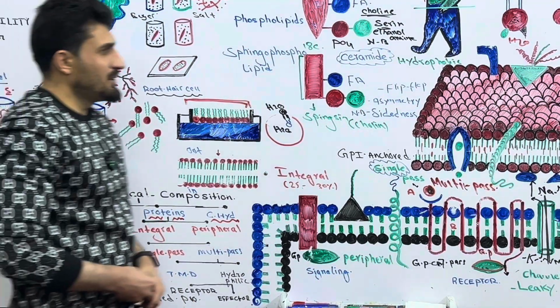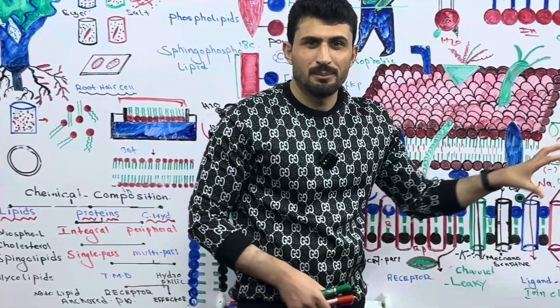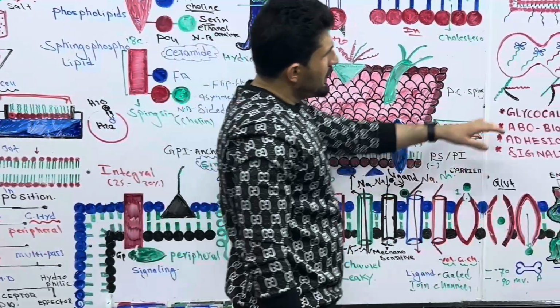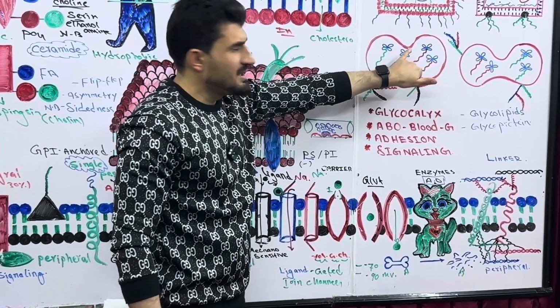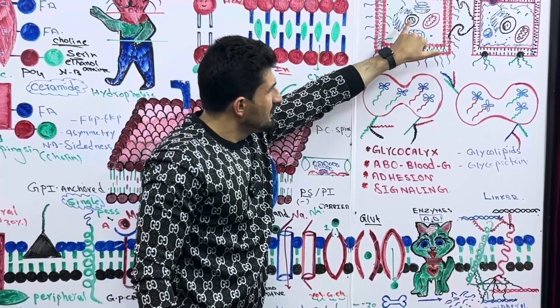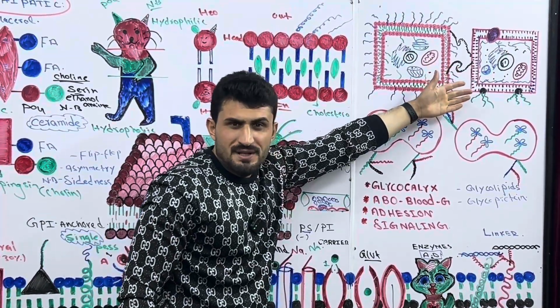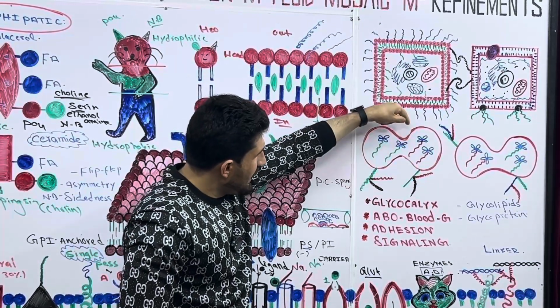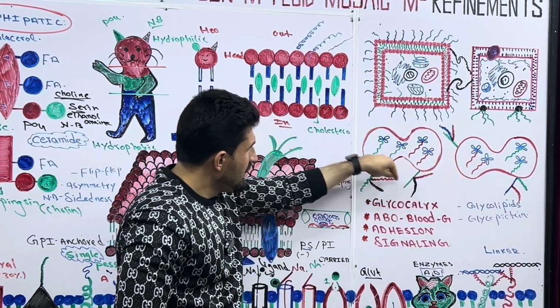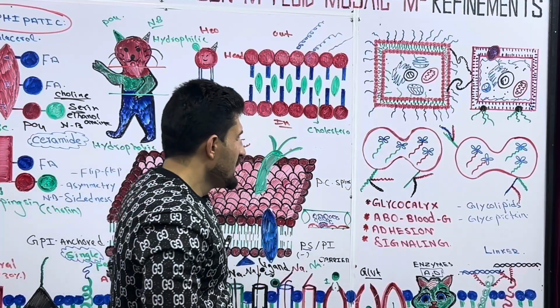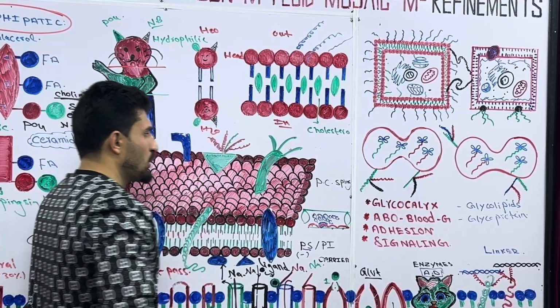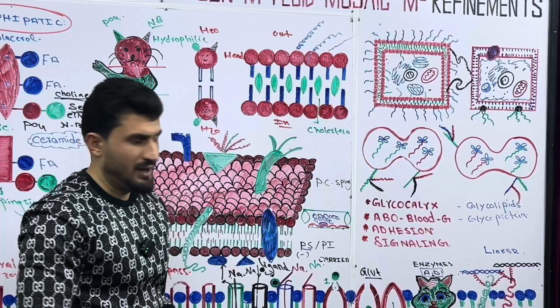Now let me talk about carbohydrates of the cell membrane. Carbohydrates surround our different cells for different purposes. Okay. And they're a thin layer around our different cells. So let me explain some important functions of carbohydrates.